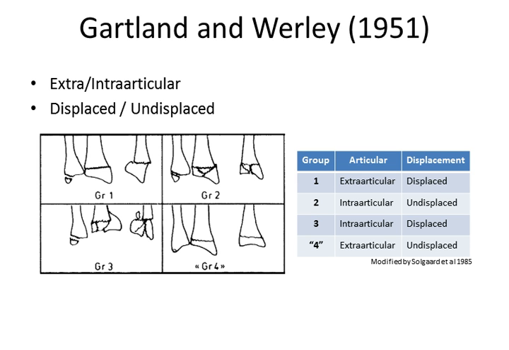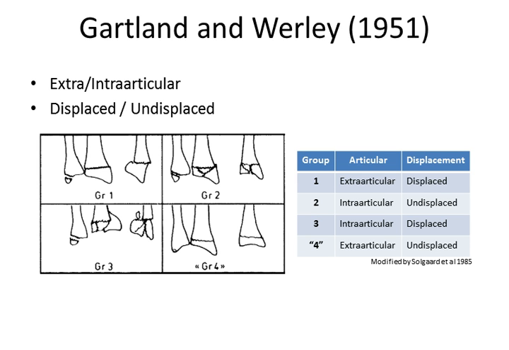The classification is based on whether the fracture is intra- or extra-articular and whether it is displaced or undisplaced. So group 1 is an extra-articular fracture which is displaced. Group 2 is intra-articular undisplaced. Group 3 is intra-articular displaced. And because there was no extra-articular undisplaced, that became group 4. That was the modification.